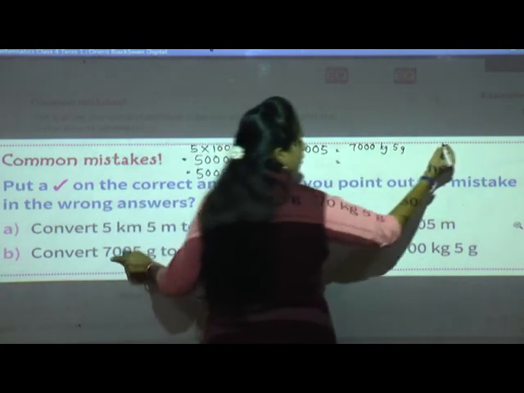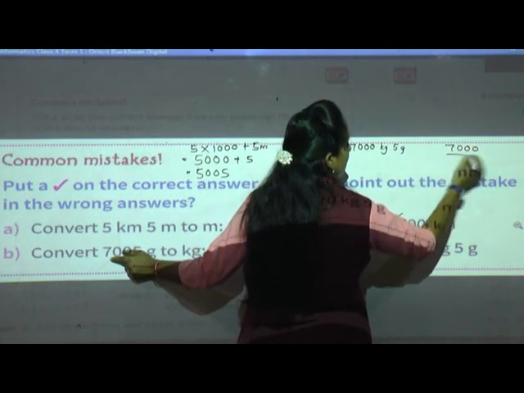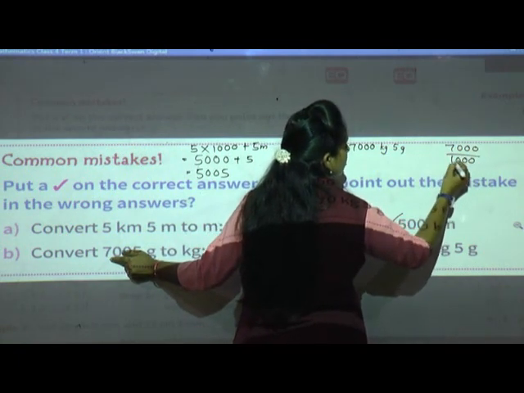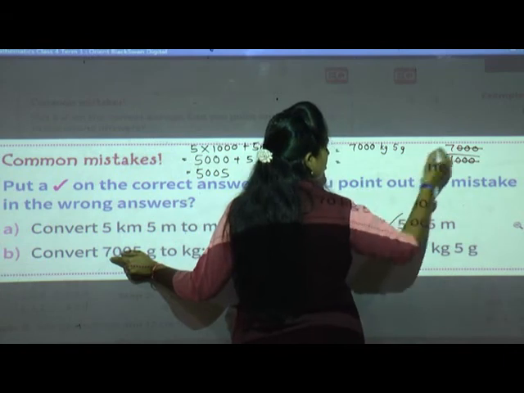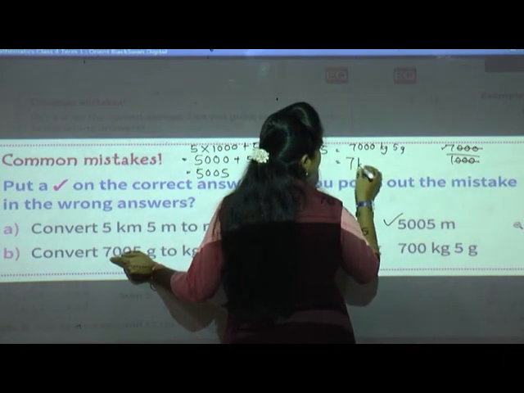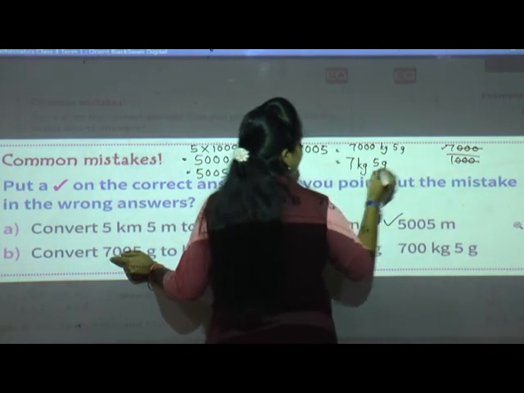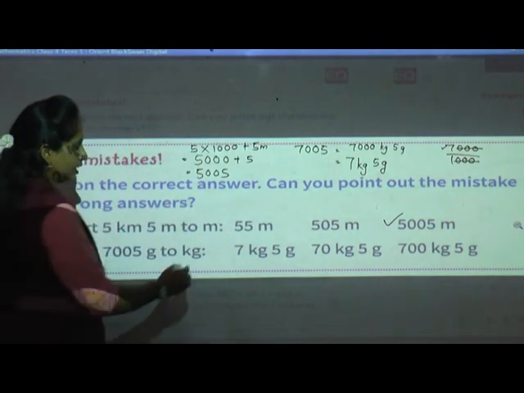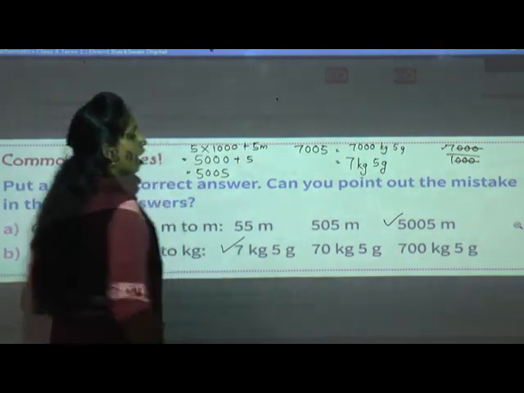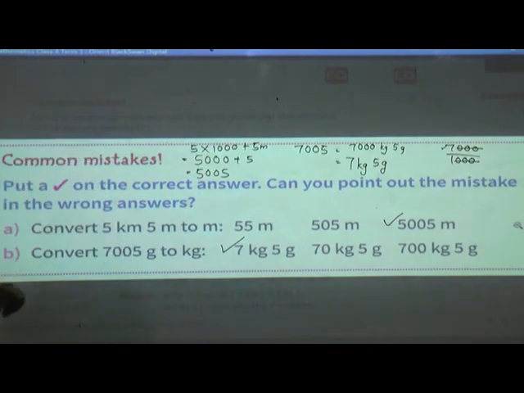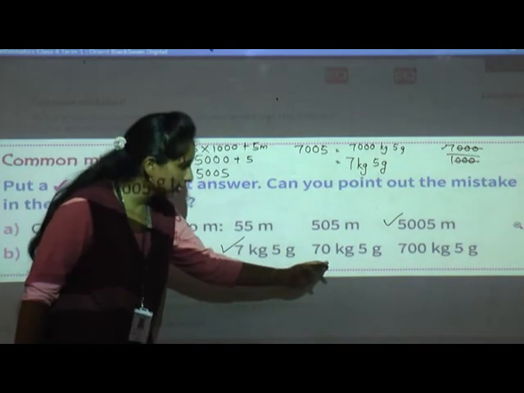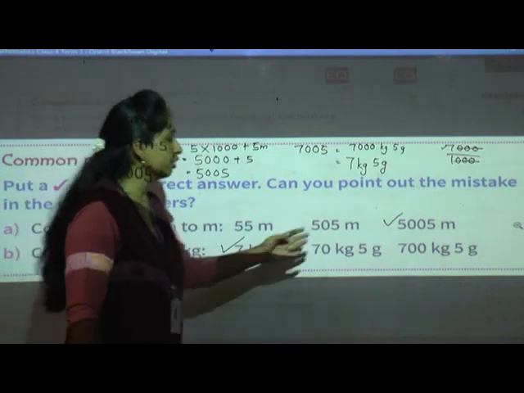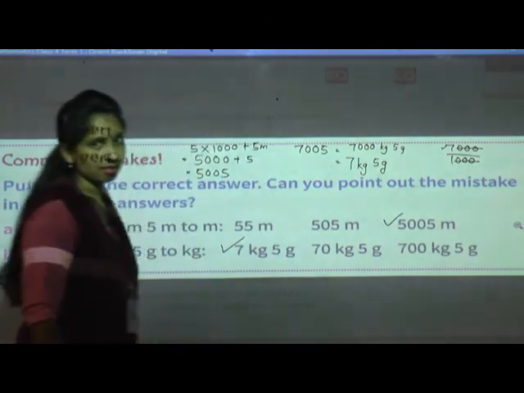So if I divide 7000 by 1000, what is the answer? Cross cross, 7 is remaining. 7 kg and 5 gram. This is our answer. Check here. 7 kg 5 gram. This is correct. So how will 70 kg and 5 gram come? If you divide by 10. If you divide by 100, you will get this answer.